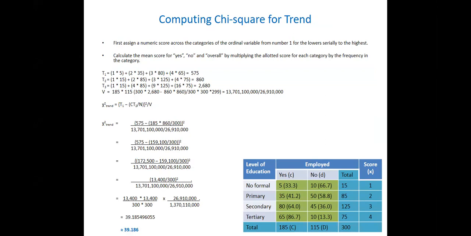You can have 4 categories, 3 categories of exposure, or 5, even 10 categories, the degree of freedom is 1. Because it's treating it as linear, so it's not a matter of different categories. You just give arbitrary scores 1, 2, 3, 4. So that's why the degree of freedom is usually 1.